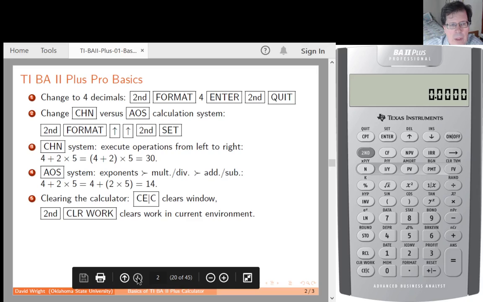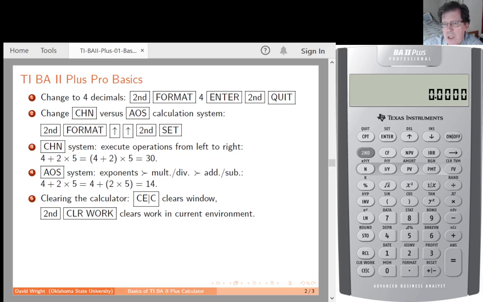There are some other clears as well. You might notice that above the clear button is clear work. We're going to see that there's a bunch of worksheets, the CF worksheet, the TVM worksheet, the bond worksheet, and you can clear those by entering the worksheet and then saying second clear work, and that'll clear that.